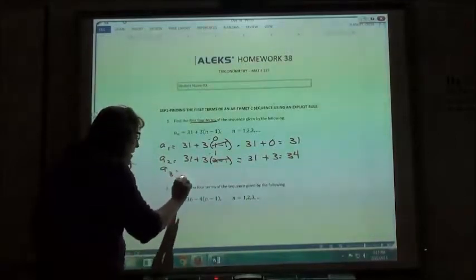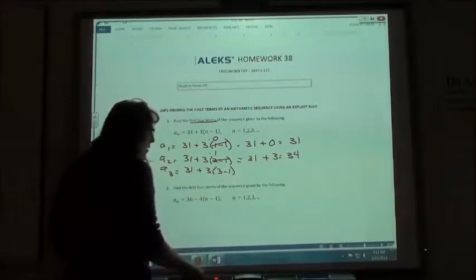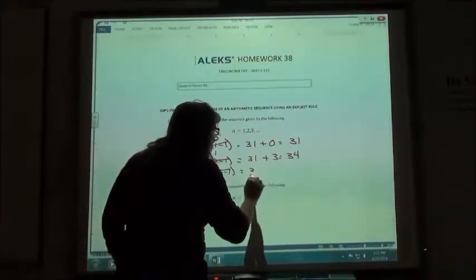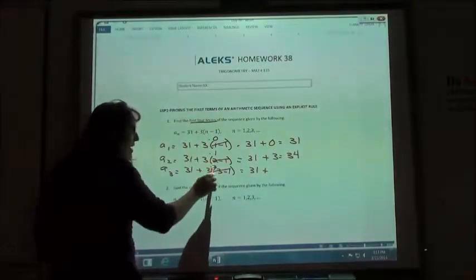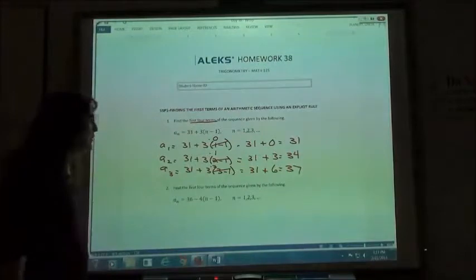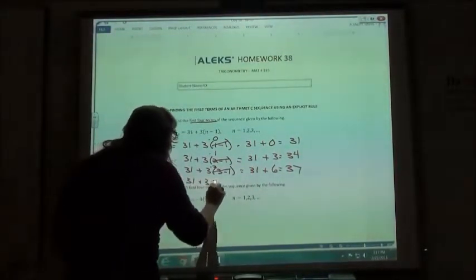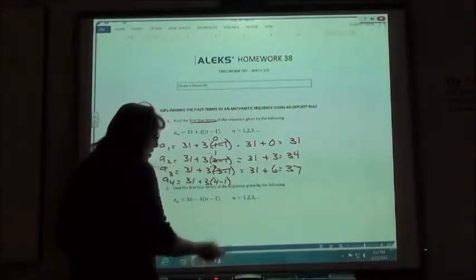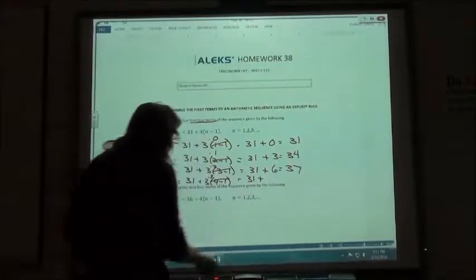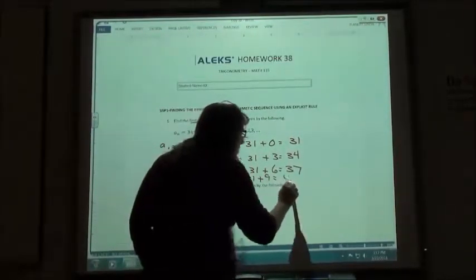A sub 3 means 31 plus 3 times 3 minus 1. 3 minus 1 is 2, so 31 plus 3 times 2, which is 6, gives me 37. And then a sub 4 is 31 plus 3 times 4 minus 1. 4 minus 1 is 3, so 31 plus 3 times 3 is 9. 31 plus 9 is 40.